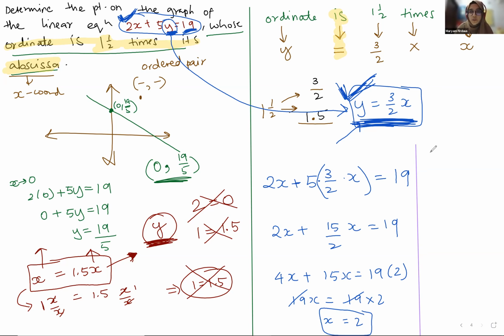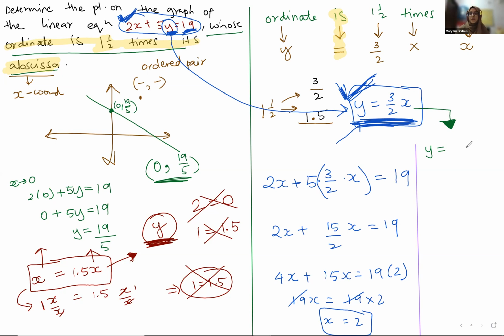So if x is 2, what is y from here? Is this even making any sense to you guys, or is it all going above your head? Any doubts? Is it clear? Yes, ma'am. Okay.